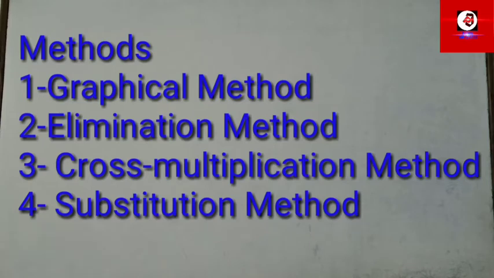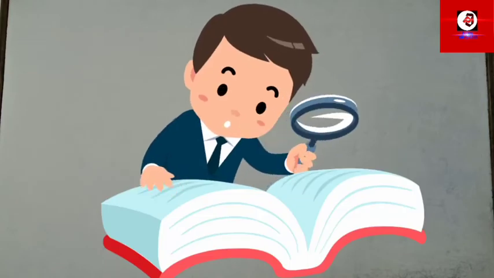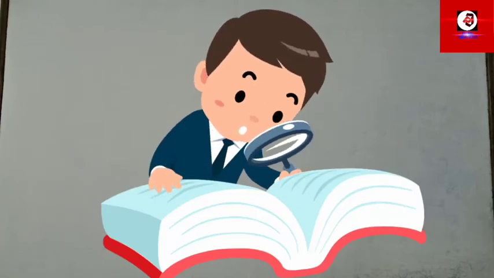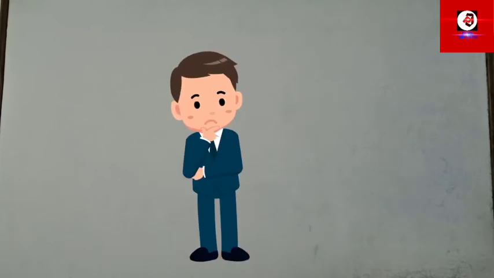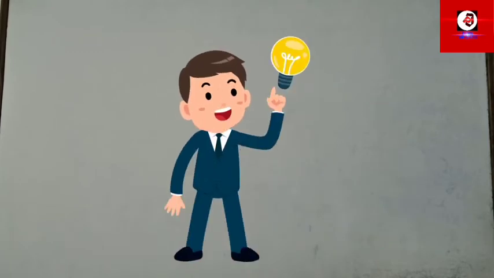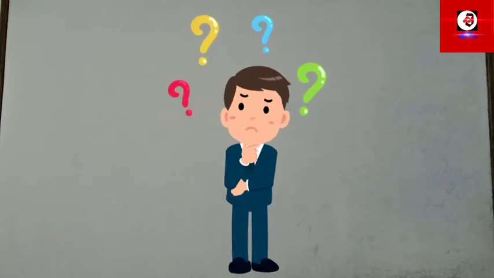If you know about the 4 methods, then you can solve all problems easily. So first, our motive is that you understand an easy way to learn the 4 methods. These are the method names.